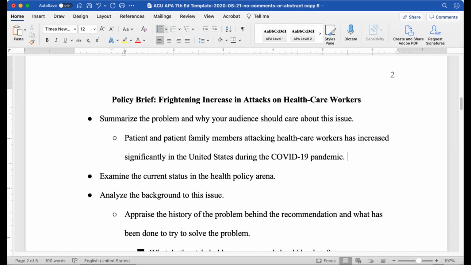Now, if I just write it this way, if I just say patient and patient family members attacking healthcare workers has increased significantly in the United States during the COVID-19 pandemic, this sounds just like a factual statement. And while it's certainly unfortunate, it's not presented as the problem or the issue that's being addressed, in part because that word is not used.